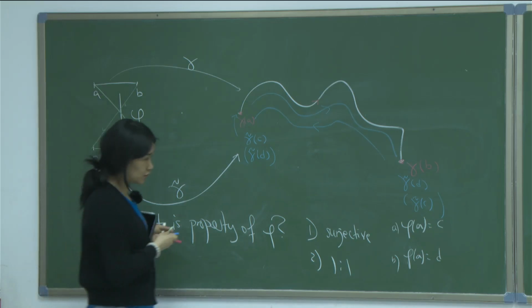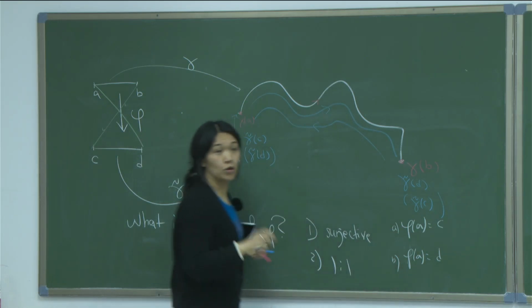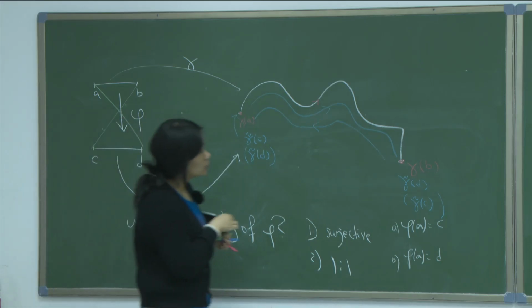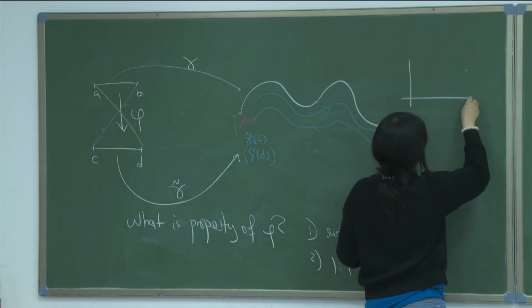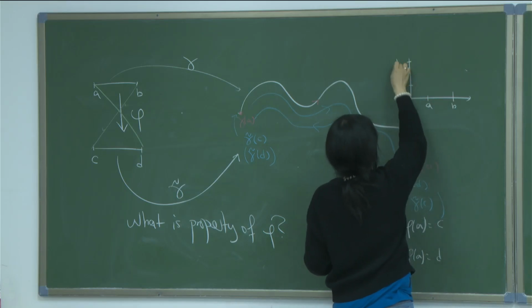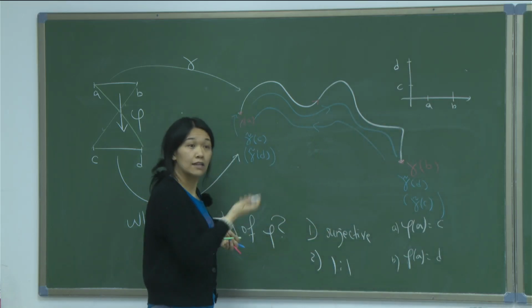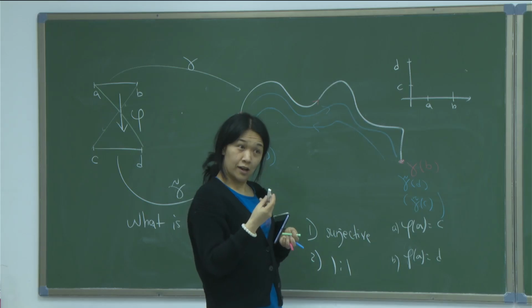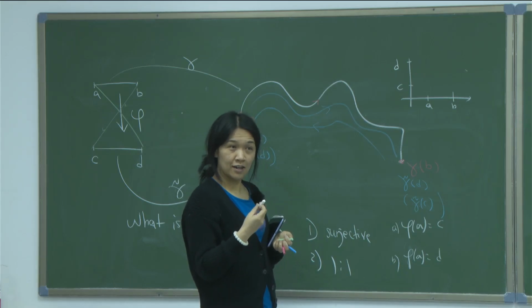But what is the difference as a map from R to R? If you would draw here is the interval, and here are C and D, how would phi look in that diagram? Maybe like this.